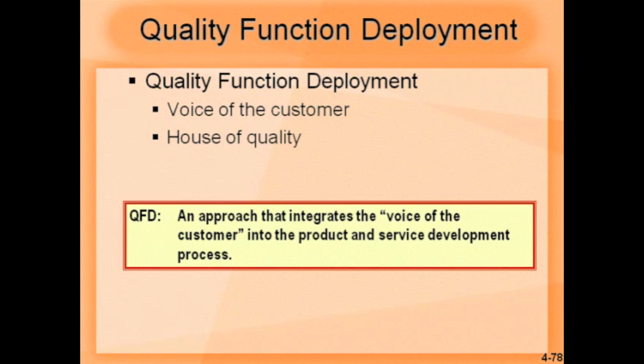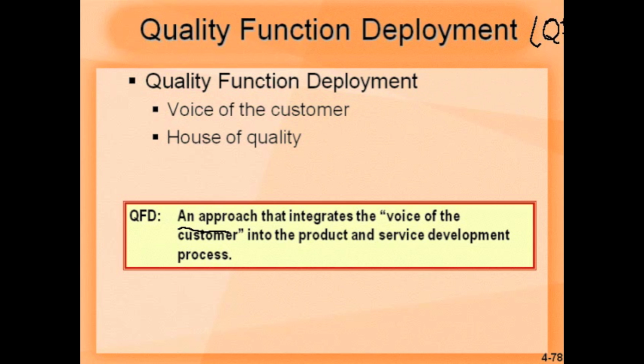Now, initially I mentioned that to translate customer wants and needs into technical specifications, we use QFD. QFD is quality function deployment. This is a tool to capture the voice of the customer.